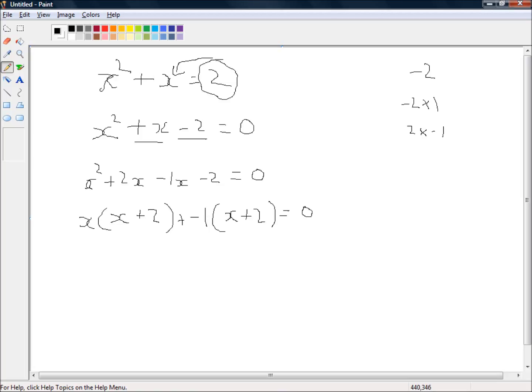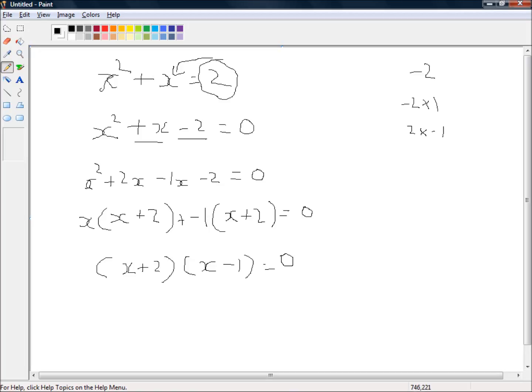So now we can pull the x plus 2 term out, so that gives us x plus 2 into x minus 1. And you might notice there's actually an easier way we could have done this.